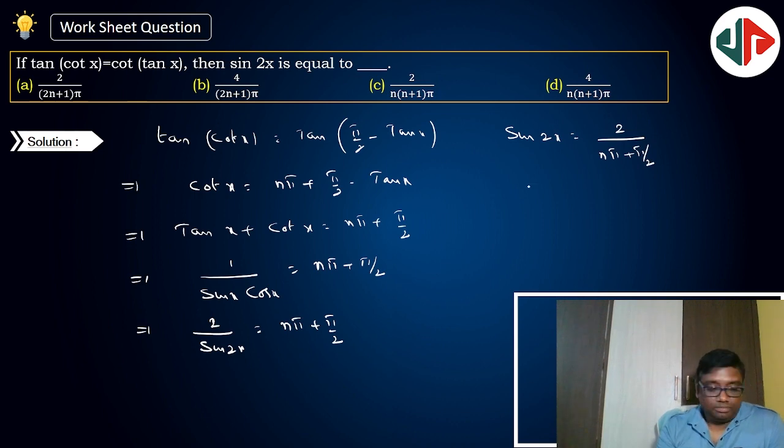Now what is the value? Sin 2x is equal to 4 by (2n plus 1) times pi by 2... this is pi by 2, so pi. So sin 2x value is always equal to 4 by (2n plus 1) times pi.